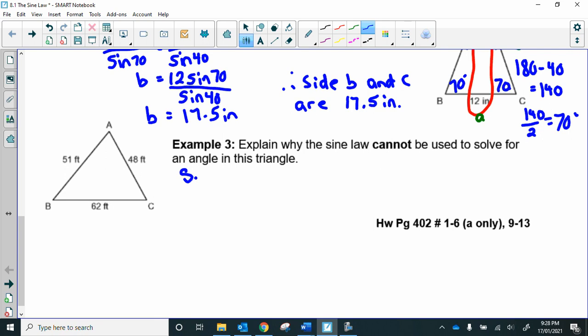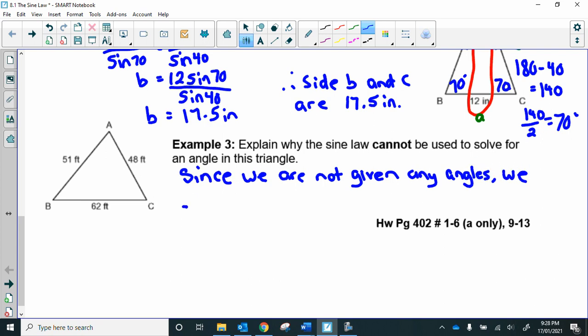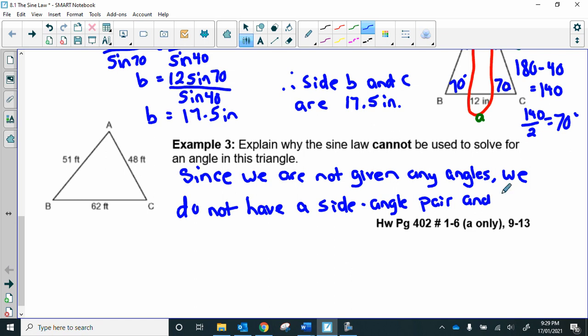So since we are not given any angles, we do not have a side angle pair or an opposite pair. And therefore, we cannot use the sine law.